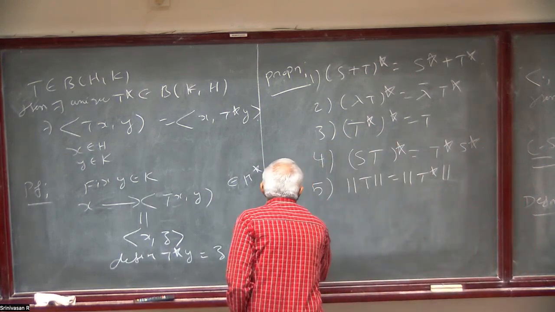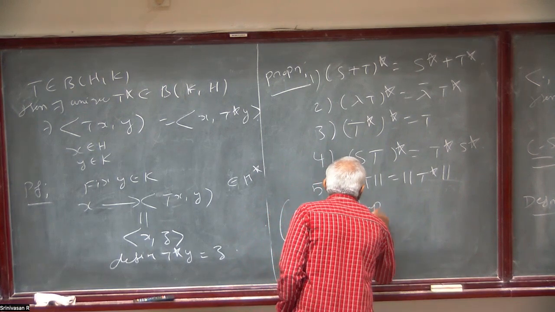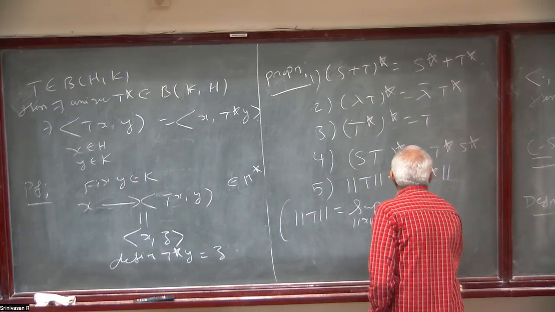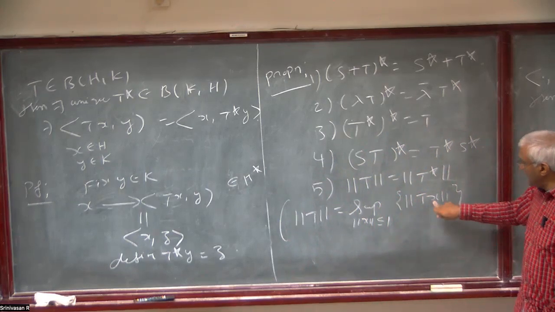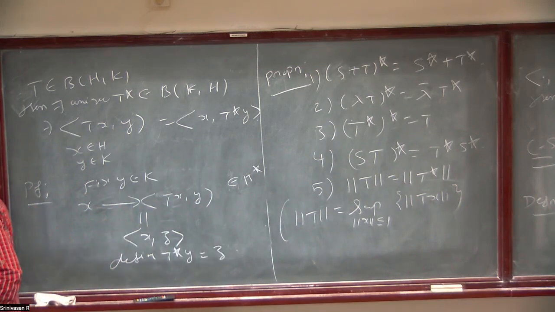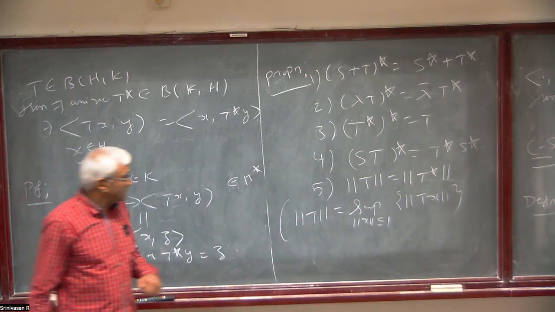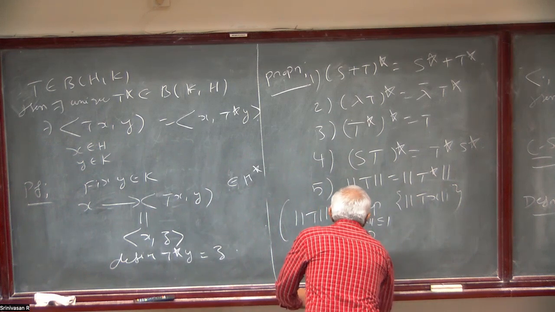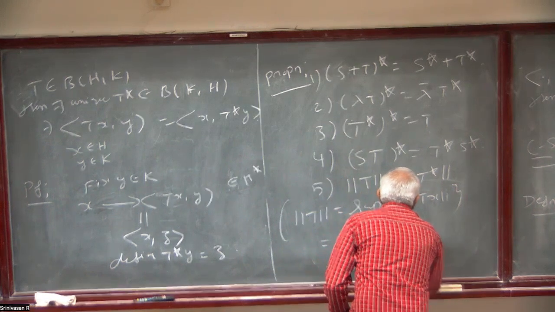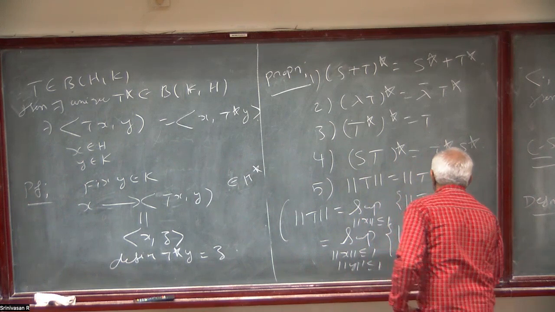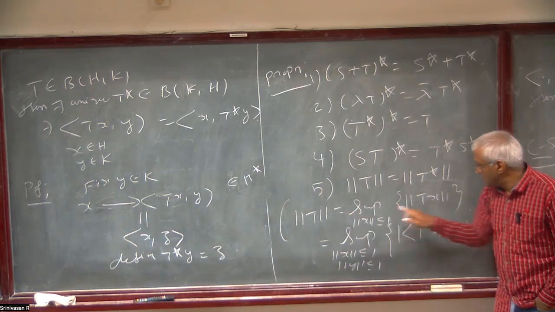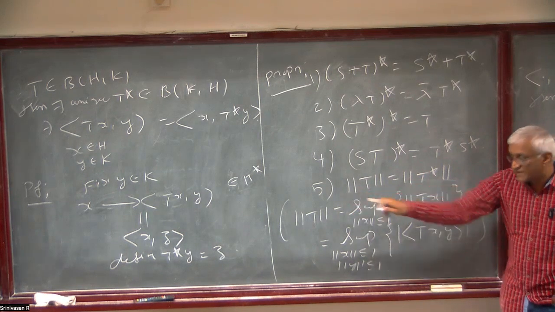This is because the norm of T is equal to the supremum of norm Tx. Actually, you cannot take the norm of T to be one. But the norm of any element as a linear function is equal to the supremum over norm x less than or equal to 1, norm y less than or equal to 1, of mod of inner product Tx, y. The norm of T is equal to this by definition, because of this lemma.